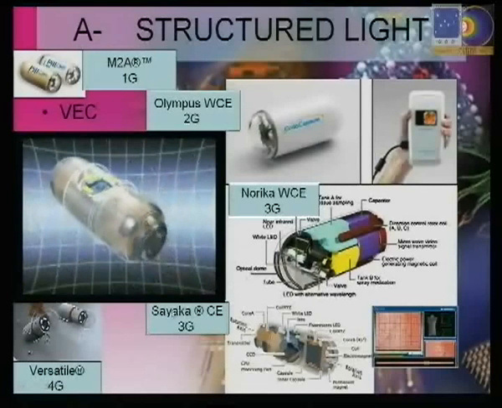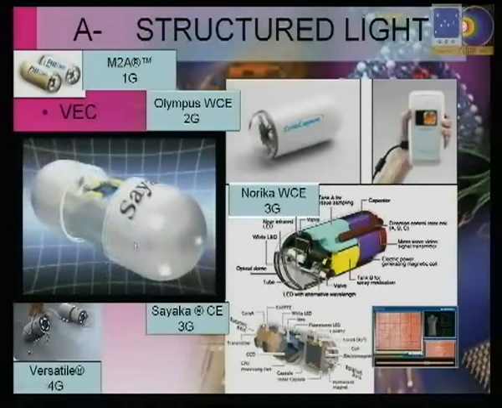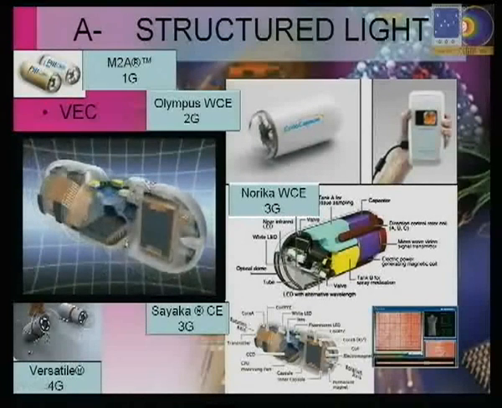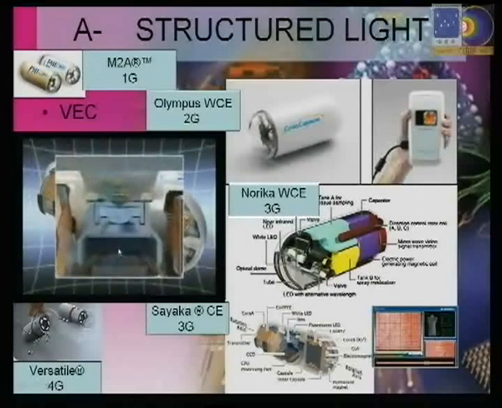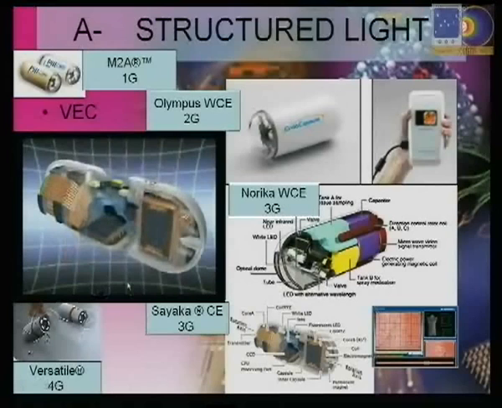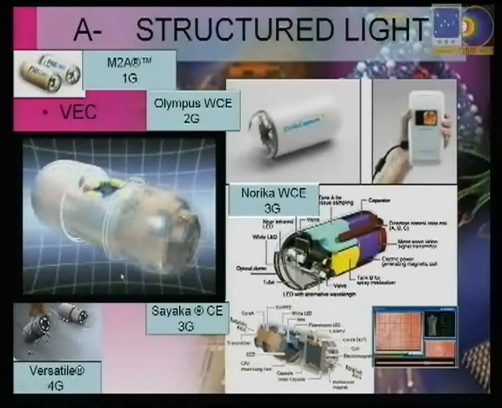Obviously they are coated. And at the present moment they are using radio frequency ID in order not to lose the device inside of the intestine, especially when they have stenosis. So you will see how it works.